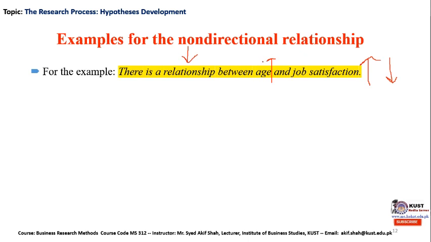And similarly, if there is a decrease in the age of the employee, either it will increase the job satisfaction or it will decrease it. So after studying this statement, we cannot infer the direction of the relationship between dependent and independent variable.